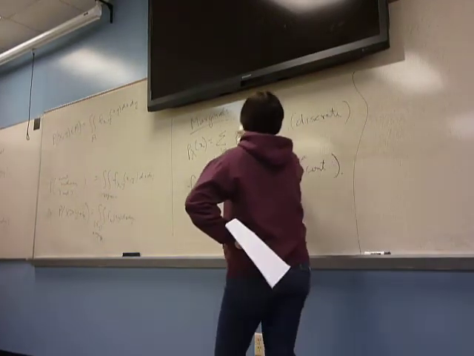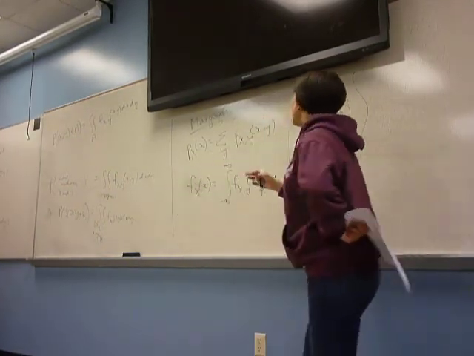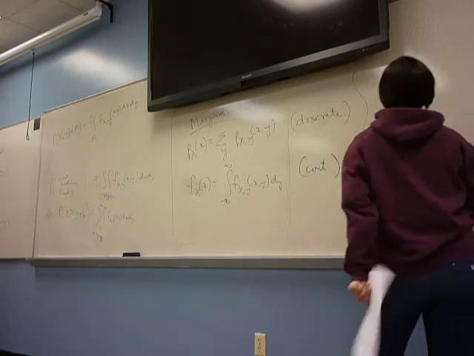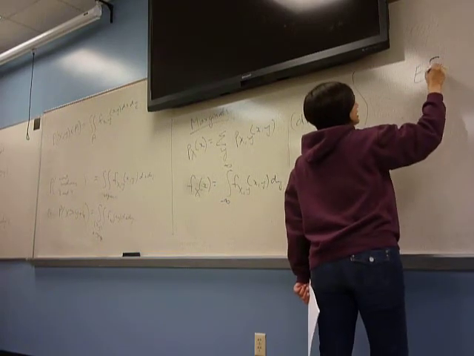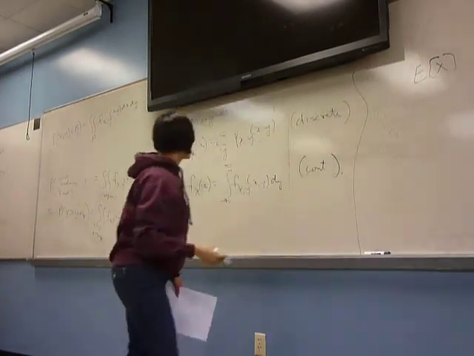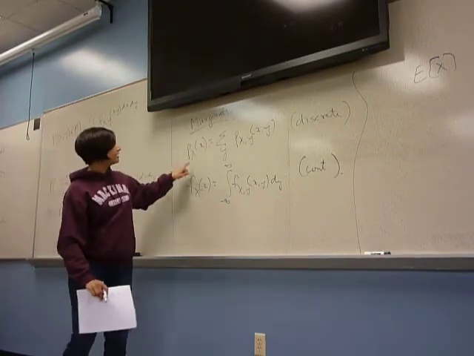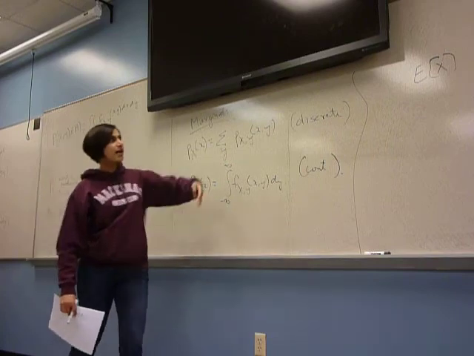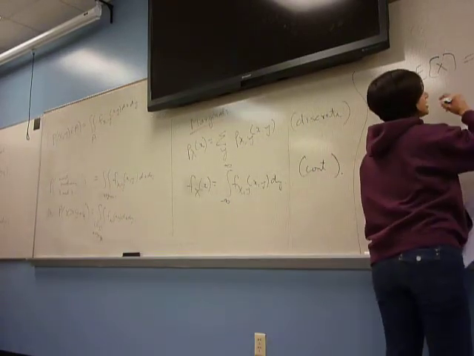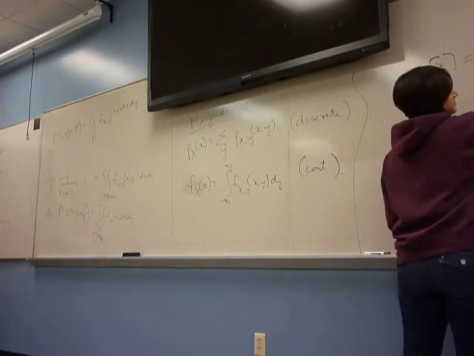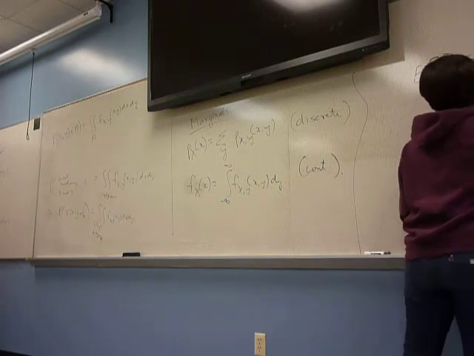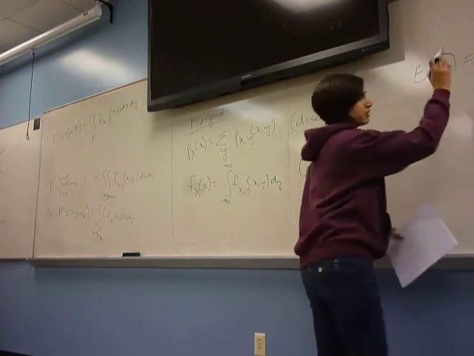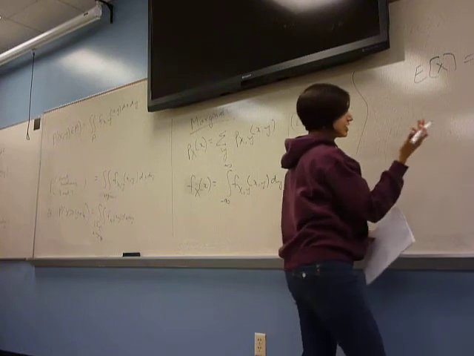So if I give you the joint probability mass function or density function, and I ask you to find the expected value of X, what should you do? You can just calculate the marginal probability mass function or density function for X, and then use that to calculate the expected value of X. Again, this is like chapter 1 or 2 material, but you're going to be tested on it even in chapter 6.